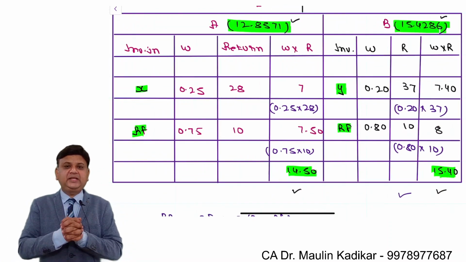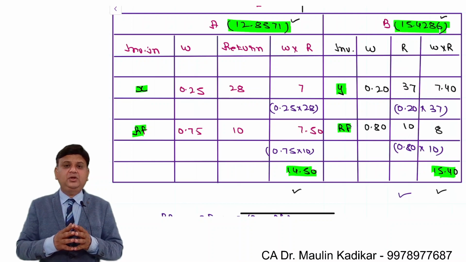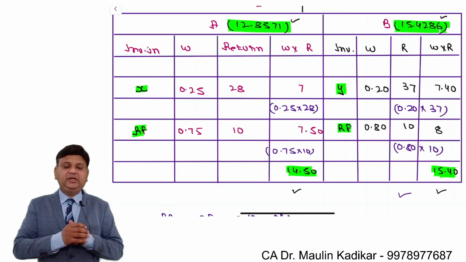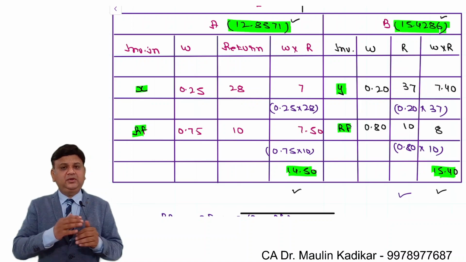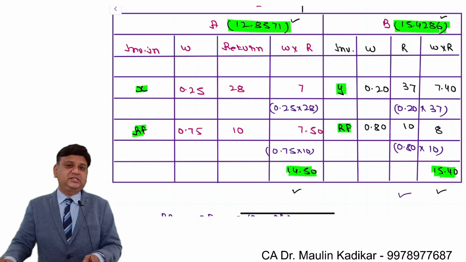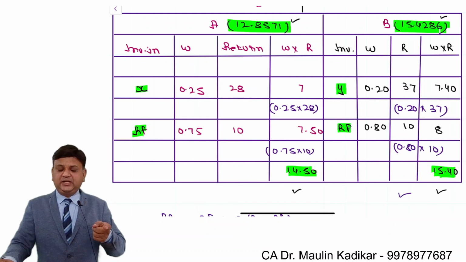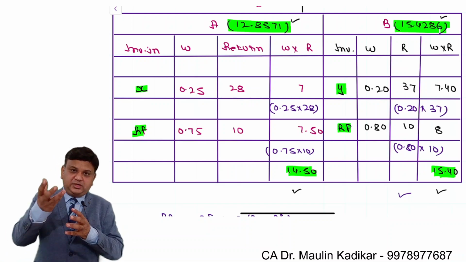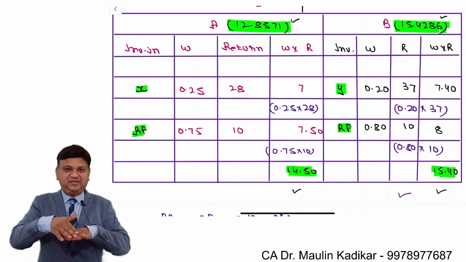After that, we calculated the overall return if you invest in X and Rf, and if you invest in Y and Rf. We observed that Y with Rf is able to generate more return for the same risk.